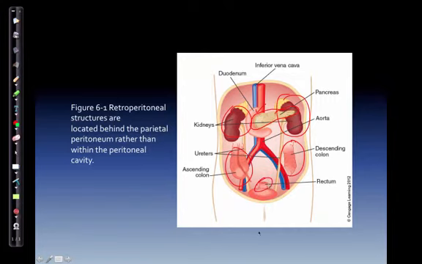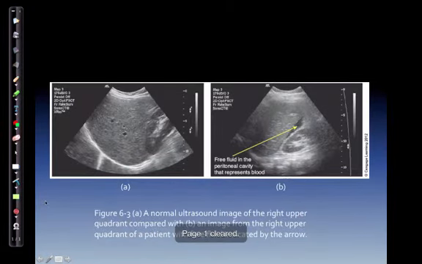So if you have shear force in this area, you can damage any of these. The kidneys are attached very vascularly to the descending aorta, so just keep that in mind. You can have shear force on that vessel and cause a lot of retroperitoneal bleeding in a very quick amount of time.